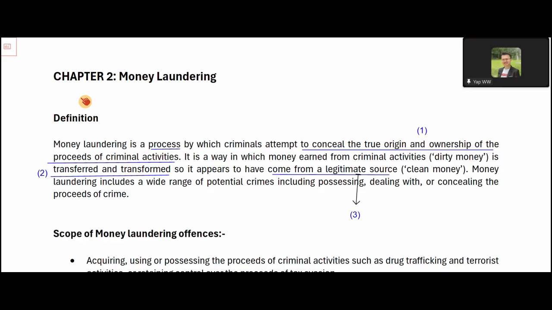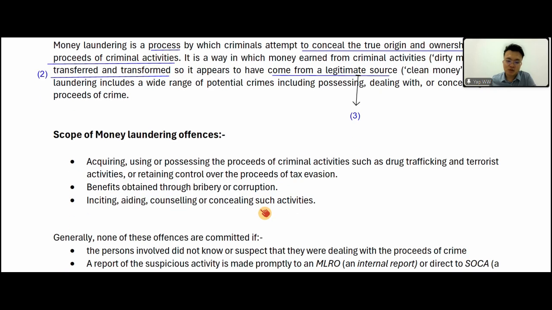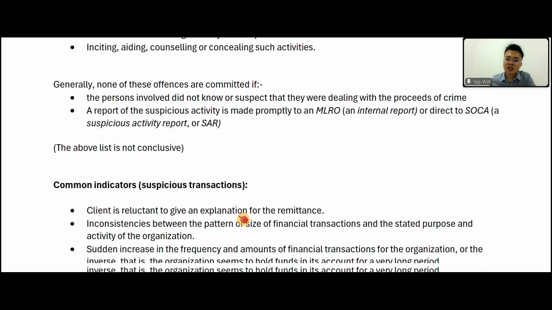We have just done with the definitions. We will continue looking into money laundering. After the definition, we now see the 3 stages of money laundering. Those dirty funds come from bribery, corruption, or tax evasion. All these are money laundering offenses.